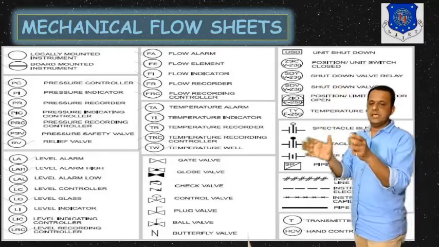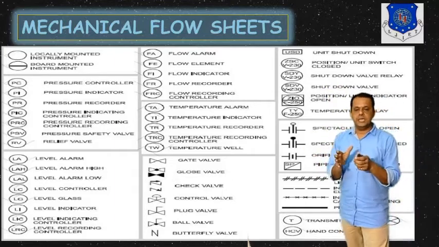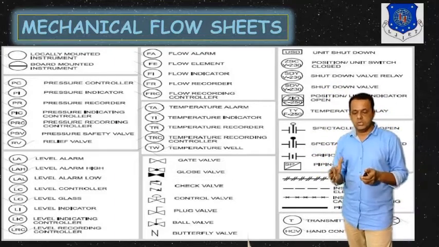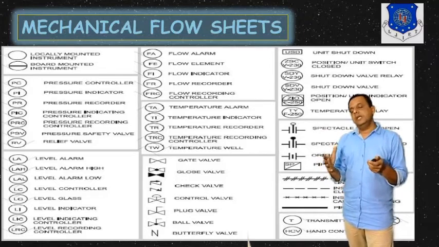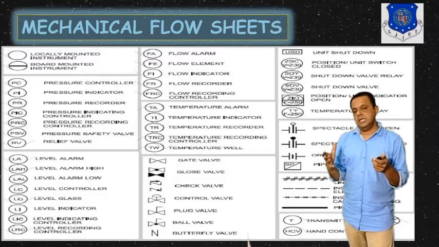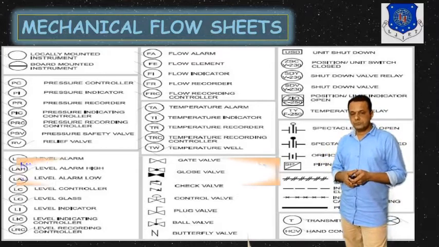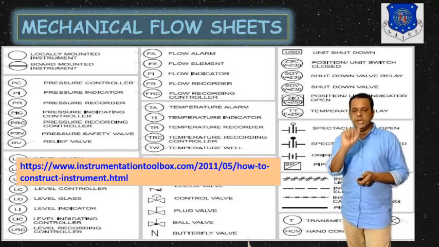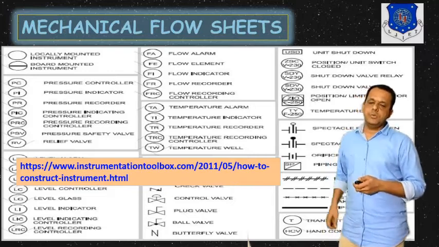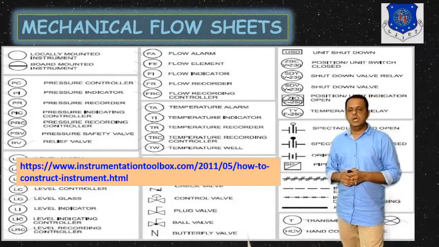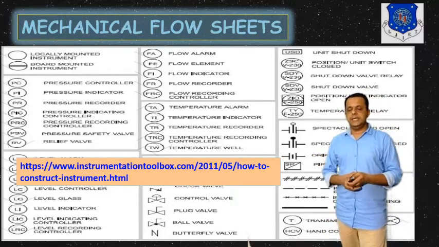Everything has certain standardized nomenclature that you should use every time a professional mechanical flow sheet is prepared. You can avail the entire detail from instrumentationtoolbox.com, from where I have personally taken it.